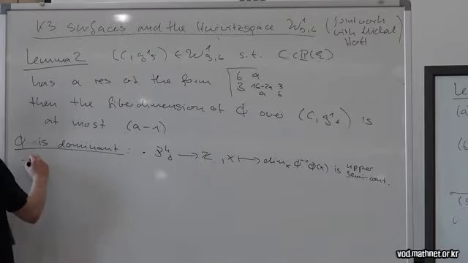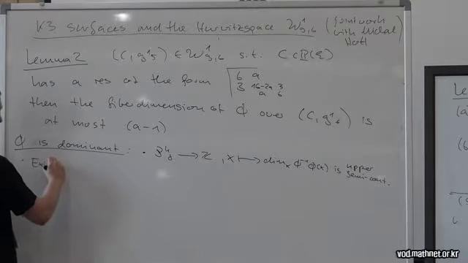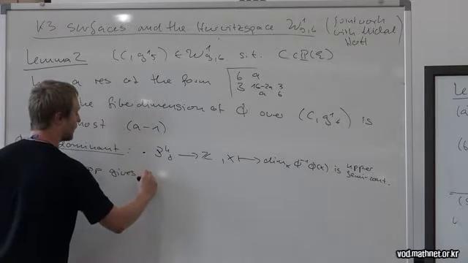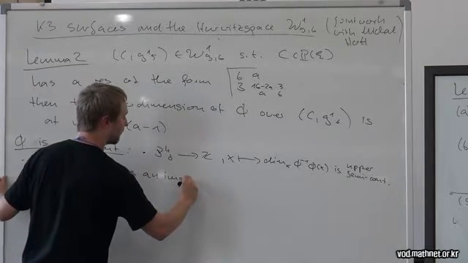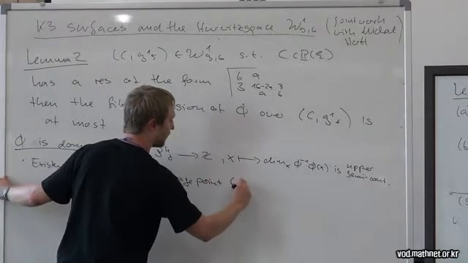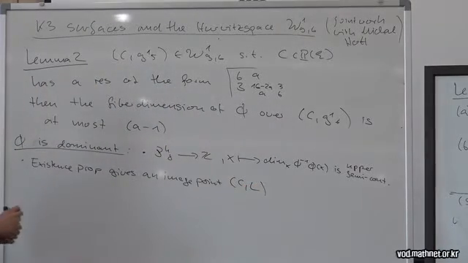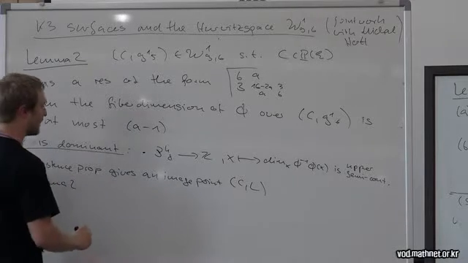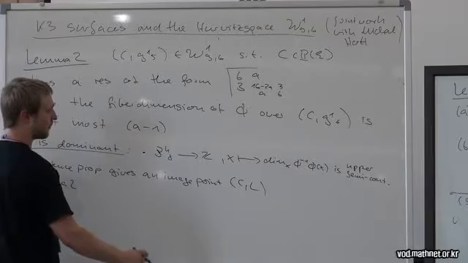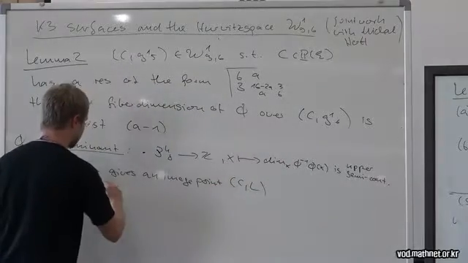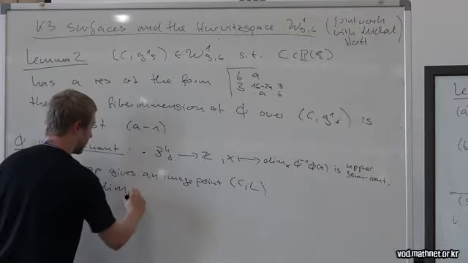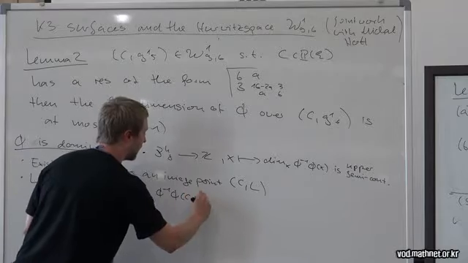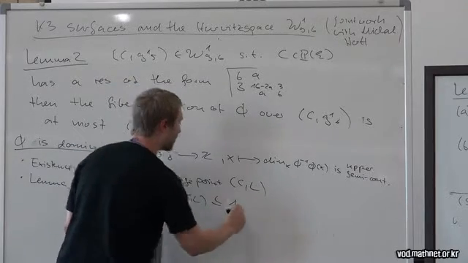So in the next step, our existence proposition gives us an image point. Let's call it CL. And our Lemma 2 now says that the dimension at the point CL of phi inverse of phi of CL is smaller or equal than 1.